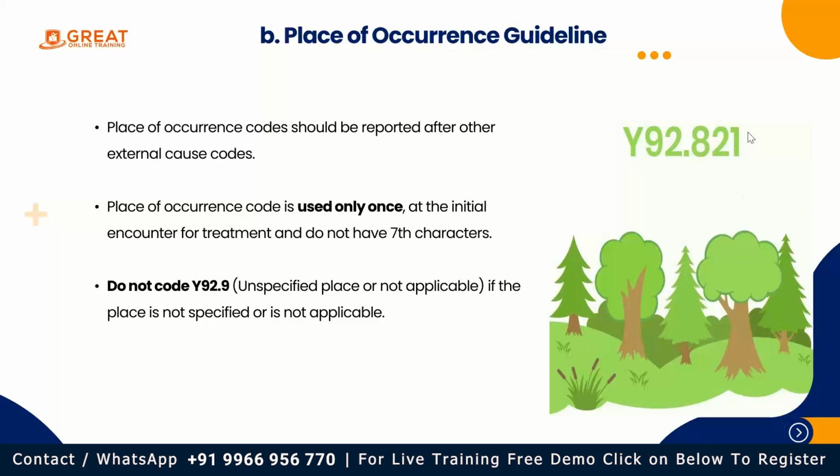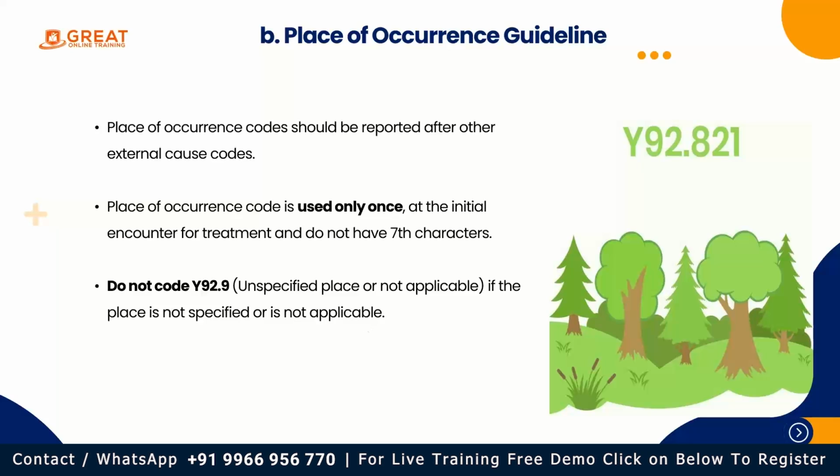Place of occurrence codes look something like Y92.8. So these codes don't have a 7th character. Do not code Y92.9, unspecified place or not applicable, if the place is not specified or is not applicable.